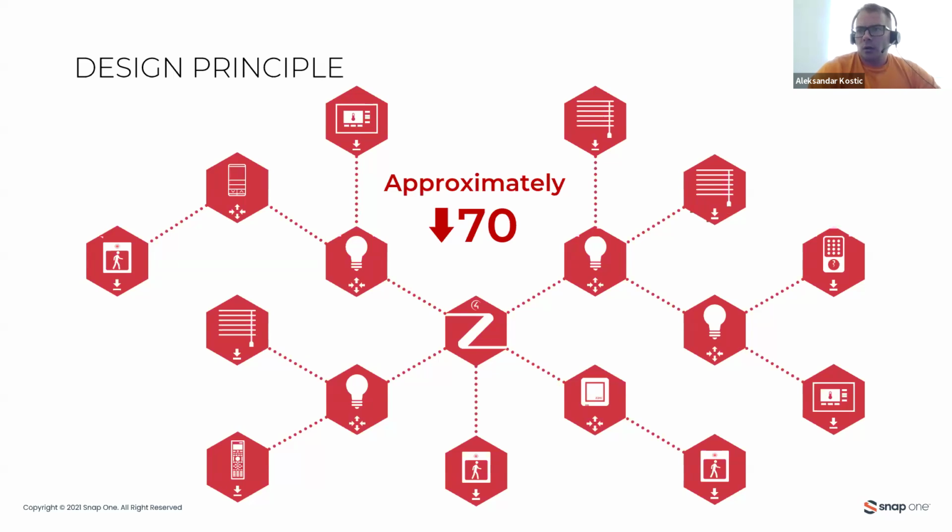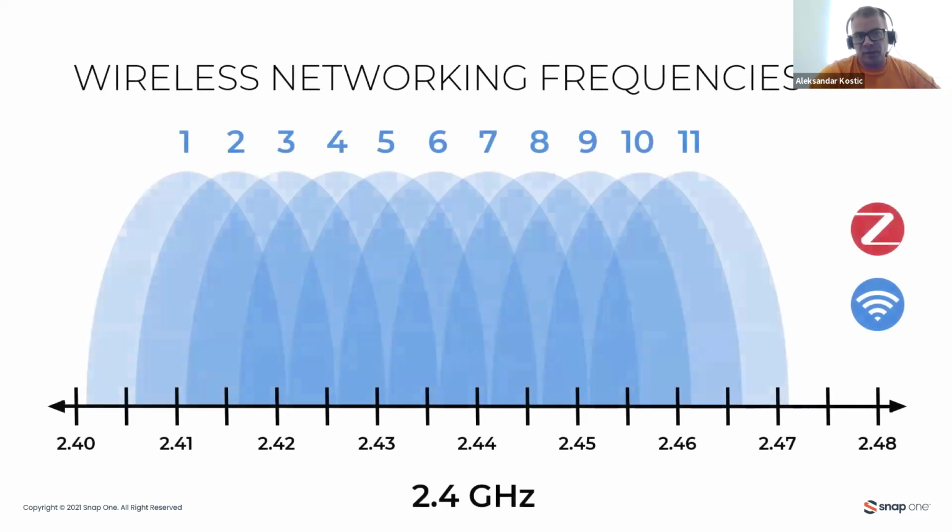So when we speak about wireless communication, coverage and access to the controller is just one part of the design consideration. The other part is related to interference.